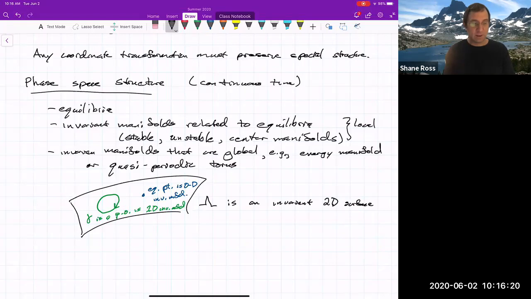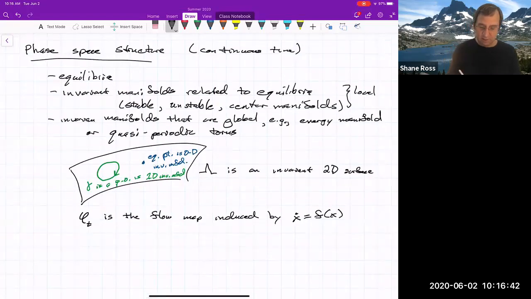What do we mean by invariant? Well, I'll use phi of t. Let's say that phi of t is the flow map induced by our continuous time system, or by our ODE, x dot equals f of x.